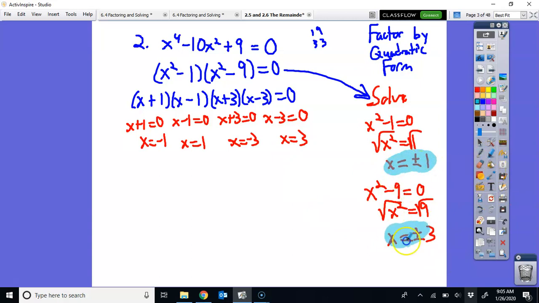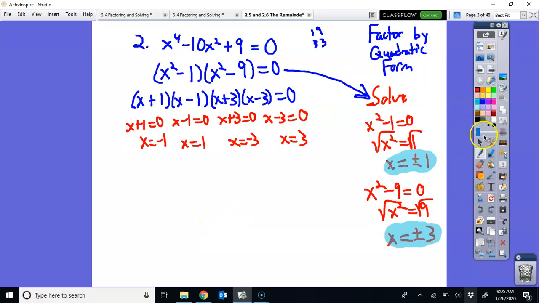So when you are solving, there are times when you can stop a little early on your factoring if you already know how to solve these little parentheses. But you do need to know how to factor something completely. And that will come into play, like I said, a little bit more later in the year.